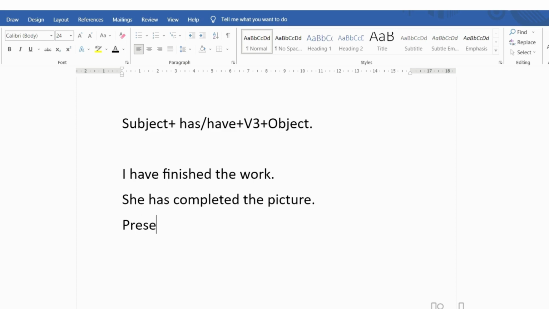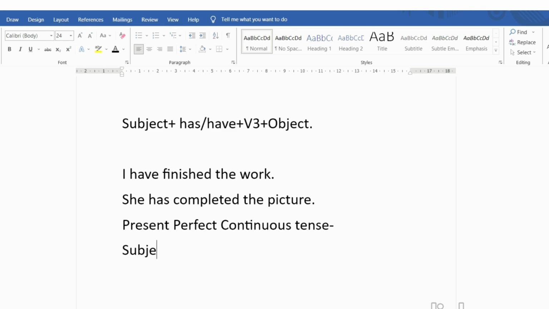Last in present tense is present perfect continuous tense. This tense is again talking about an action which has completed, okay, but it had continued for some time before it got completed.